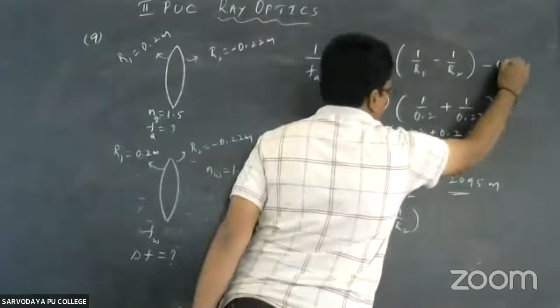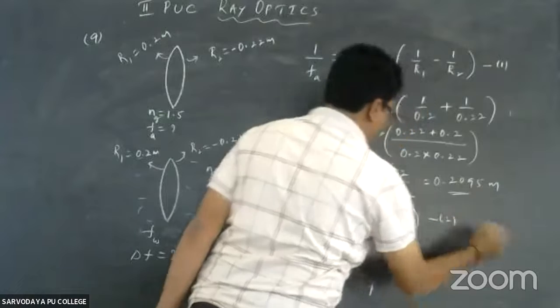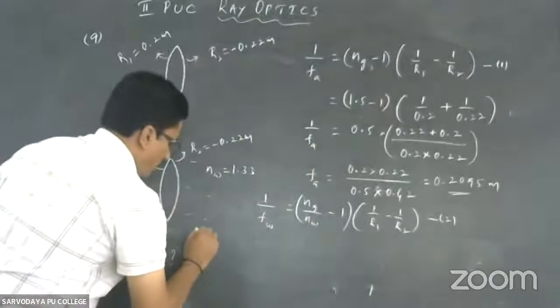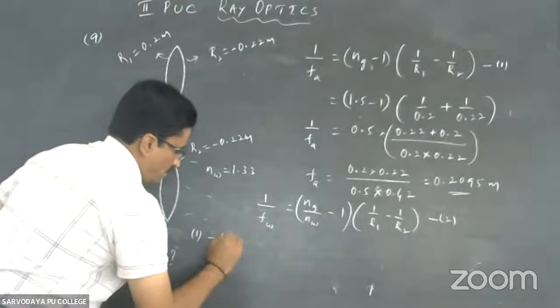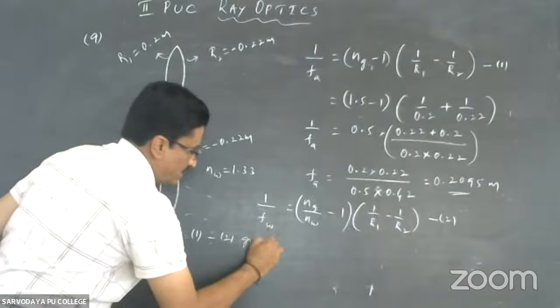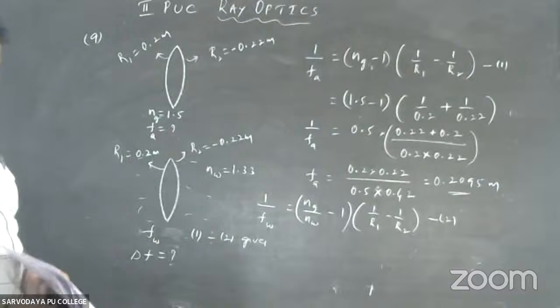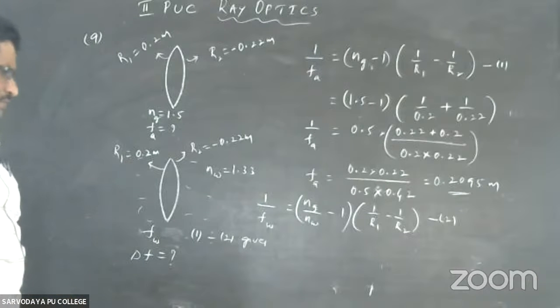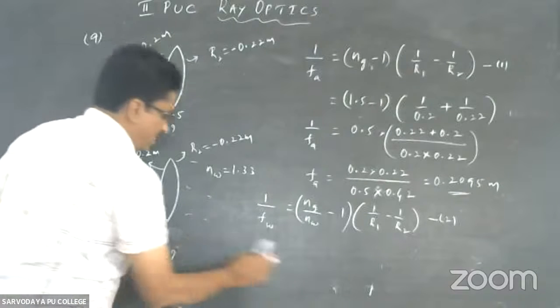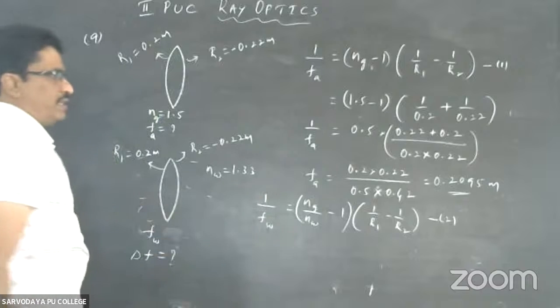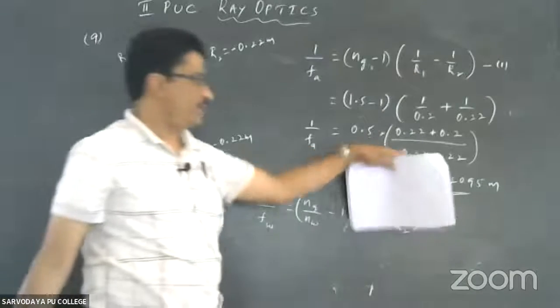Let us call this equation number 1 and this equation number 2. 1 divided by 2 is then avoid the substitution. Otherwise, directly substitute the values and simplify. That also you can do. Okay, directly substitute because already you know this part.